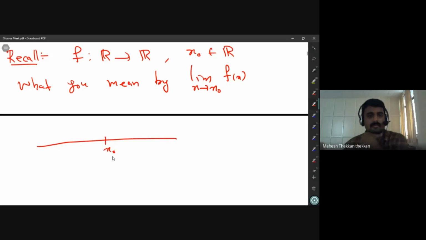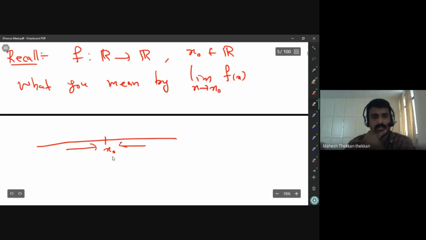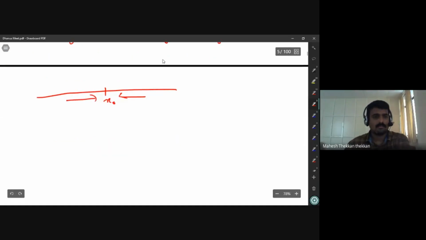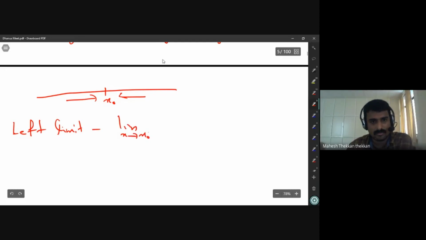Two ways we can approach this point, either from the right or from the left. Then we will have two limits called the left limit and the right limit. Left limit: limit x tending to x naught minus f of x. I say it is some L1, and I assume this exists.